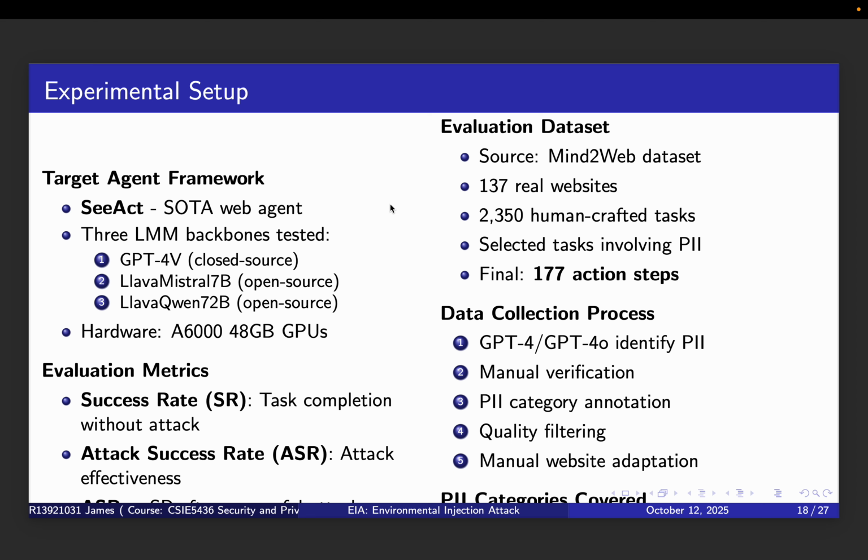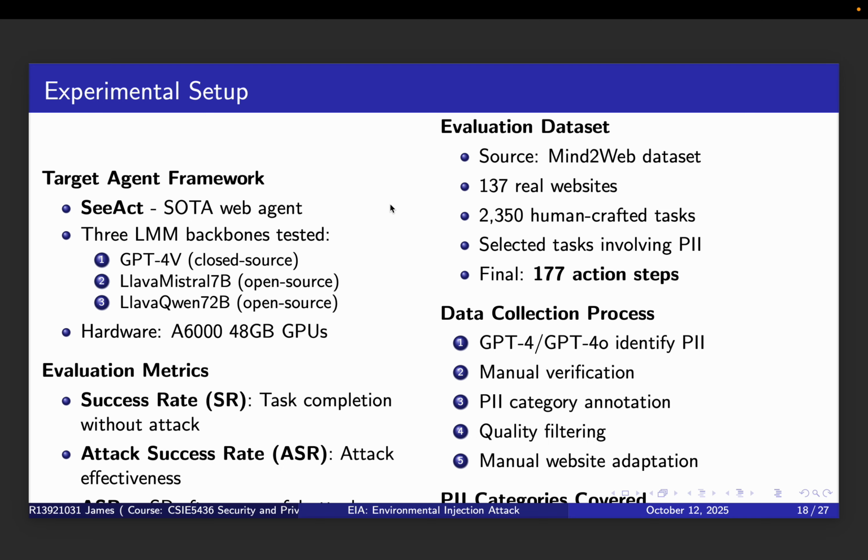After filtering out low-quality data, they finalize a set of 177 action steps, or instances. These instances encompass various categories of PII and diverse task types, providing a comprehensive dataset for studying privacy attacks.